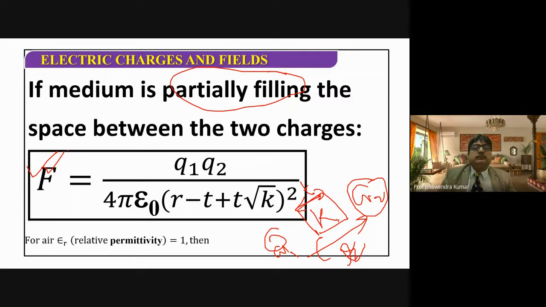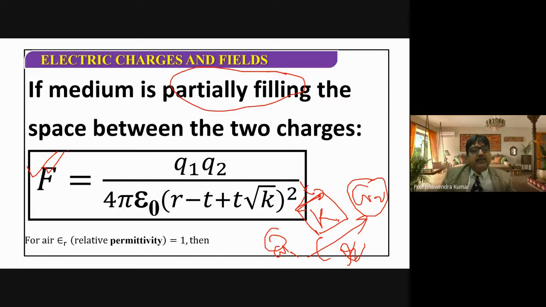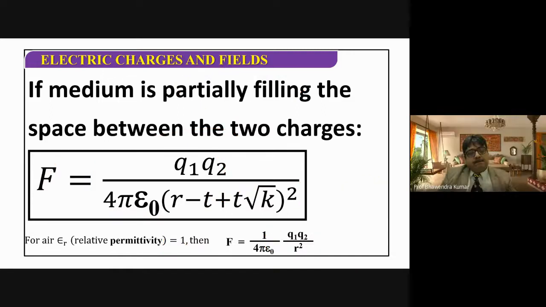So here also, if you take it as air, then we have to use the previous formula. If it is air, then the value of permittivity will be 1 and this T and T will get cancelled and it will be the usual formula Q1 Q2 by 4 pi epsilon naught R square. Okay, got it. Do you understand? Yes, sir.